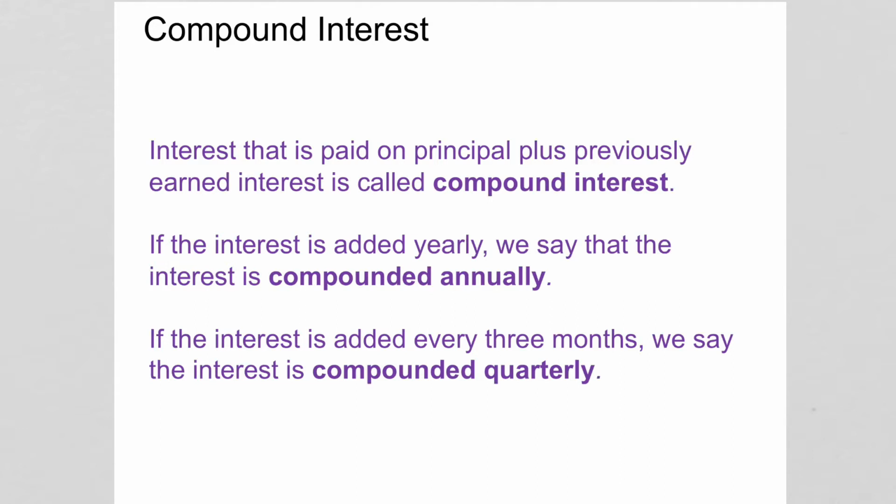So in February, they're going to give you interest on your initial amount, 100, plus that $4. And let's say it's $4.50, and so they would add that each time. If the interest is added yearly, we say that the interest is compounded annually. If the interest is added every 3 months, we say it's compounded quarterly.